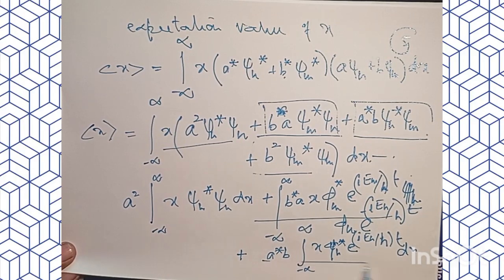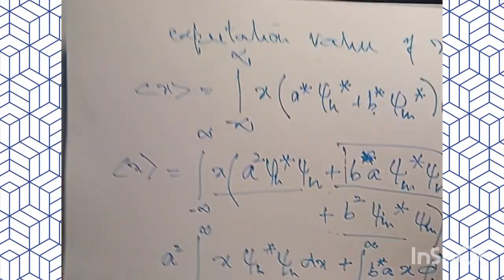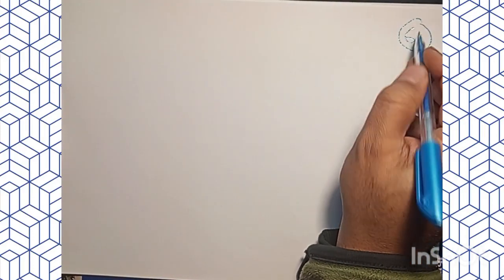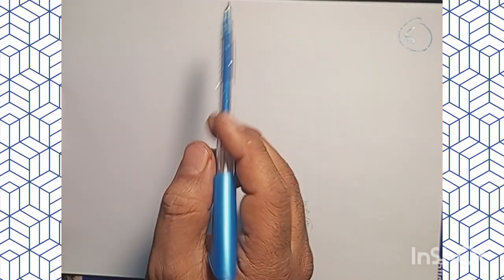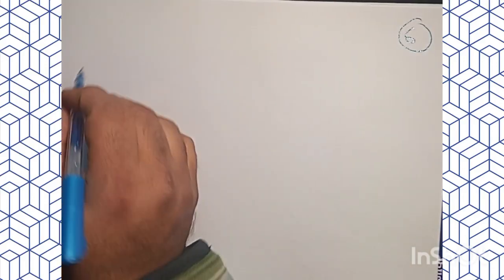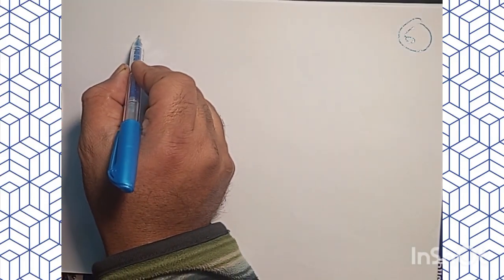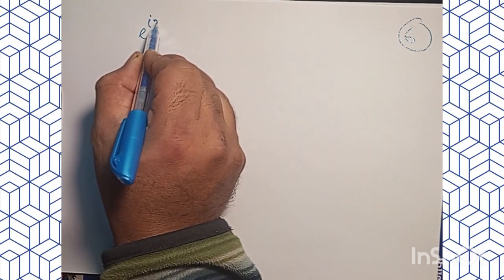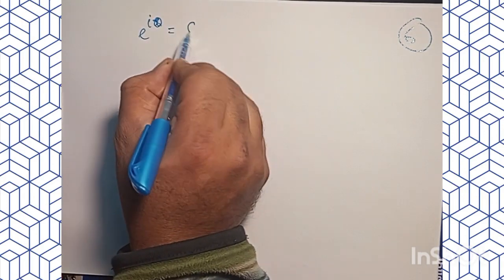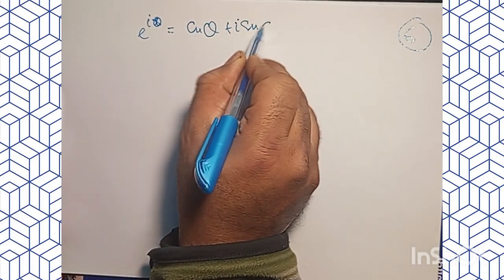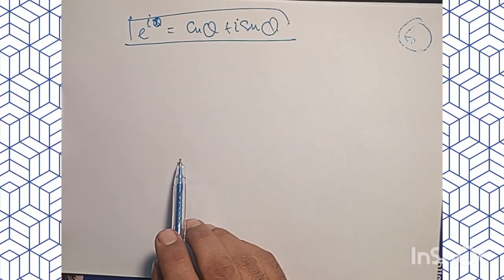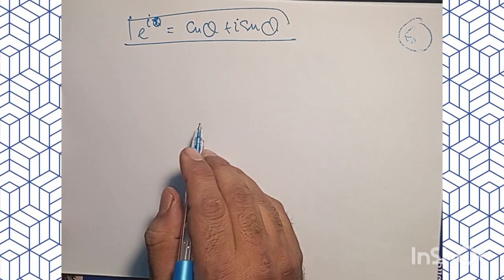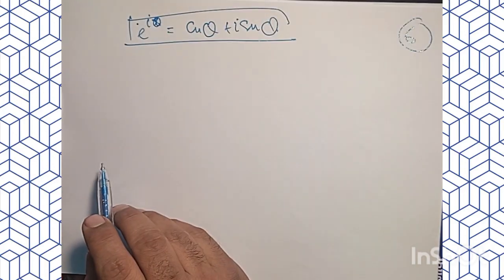Now these two parts that we have, if we have to get some information from these two parts, what we should do is think of writing these integrals in terms of, say, e to the power of iota theta, which is cos theta plus iota sine theta, and e to the power of minus iota theta, which gives minus iota sine theta.